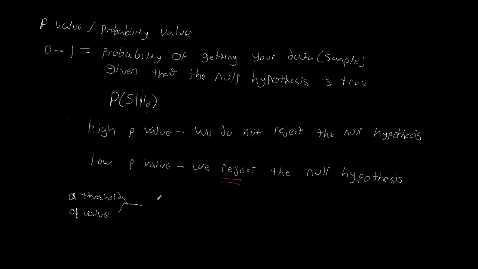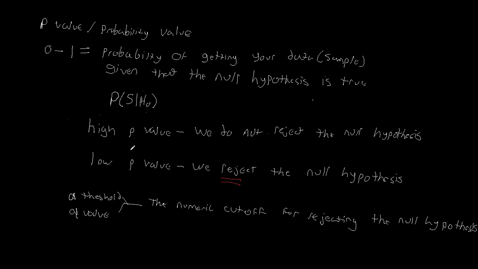So this is basically the numeric cutoff for rejecting the null hypothesis. Right, so the alpha value or the alpha threshold, that is the numeric cutoff.